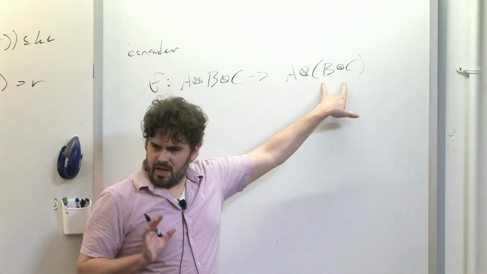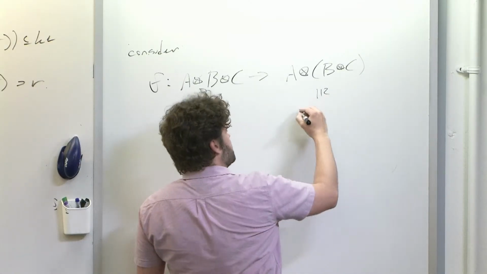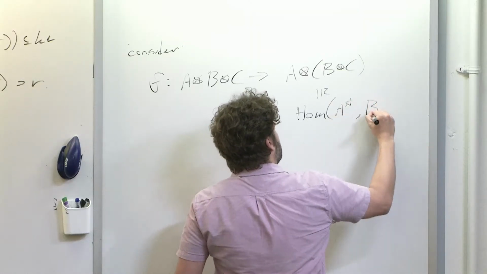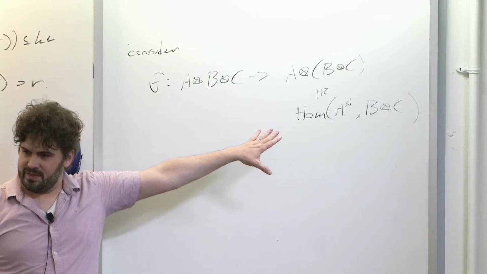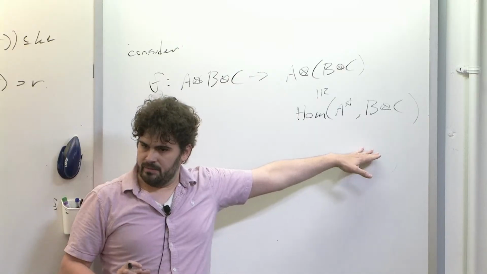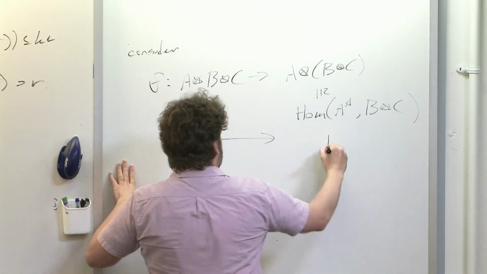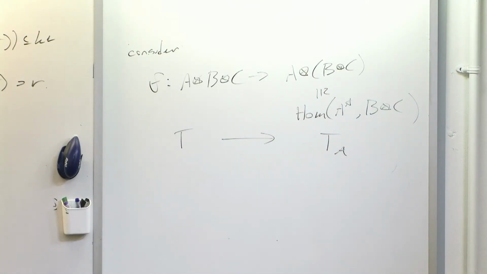If you're a little bit uncomfortable with this, we can imagine that there's a canonical isomorphism where I make this very explicit. So if you prefer this way of thinking about matrices as linear maps, this is the actual linear map that I'm wanting to talk about. And as a matter of language, I will say that T is mapped to T sub A. And then this is a map from the whole tensor space to a space of matrices. It is a linear map.